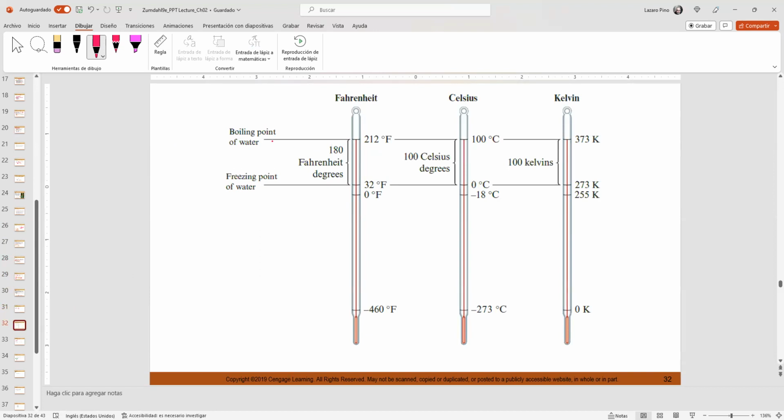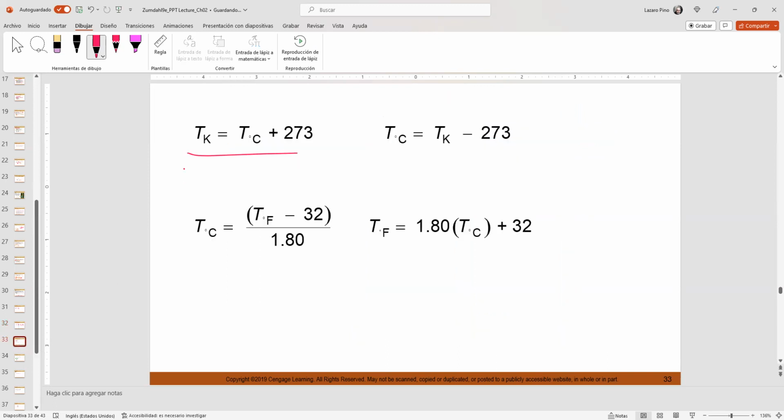Look at this. Knowing the boiling point of water in Fahrenheit, in Celsius, and in Kelvin, and the freezing point is this one, you can get the following conversion equations.